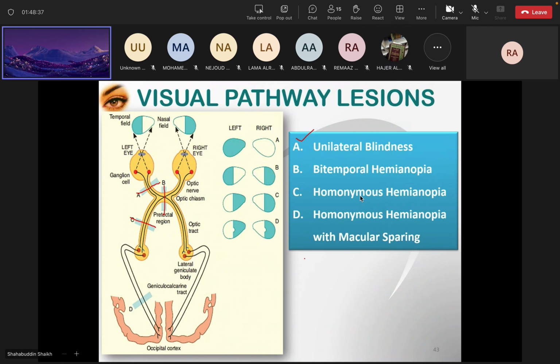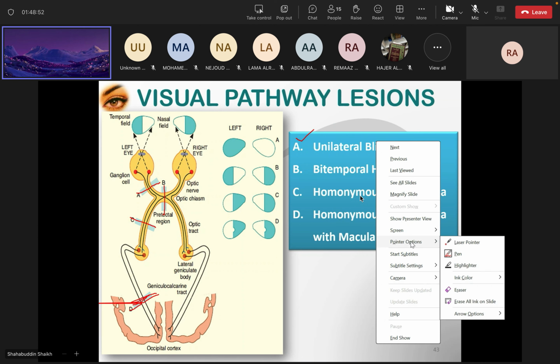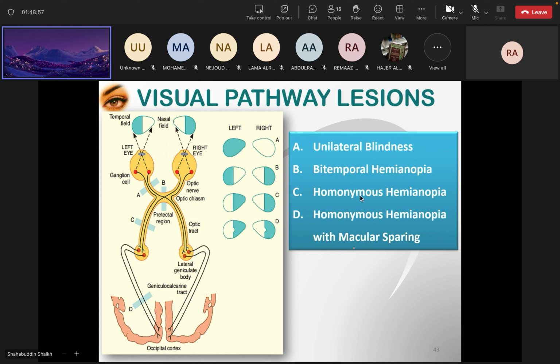Homonymous hemianopia. What will be the effect of damage to the optic radiation? Homonymous hemianopia with macular sparing. This is how the question and answer should be.